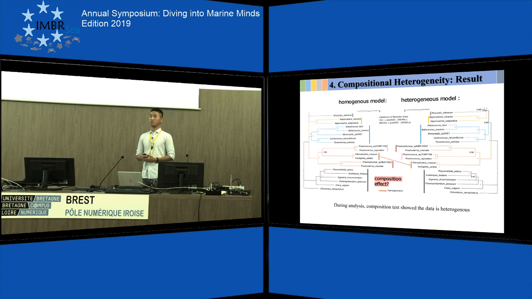So this is the different topology between the homogeneous model and the NDCH2 model in this class. It is probably because of the composition effect. Because in our analysis, we did the composition test, and the result shows our data set is heterogeneous.